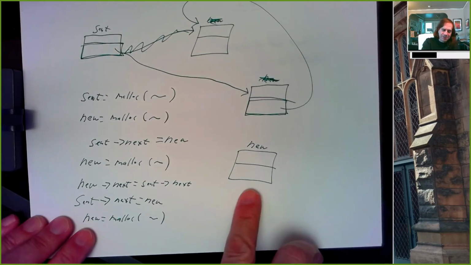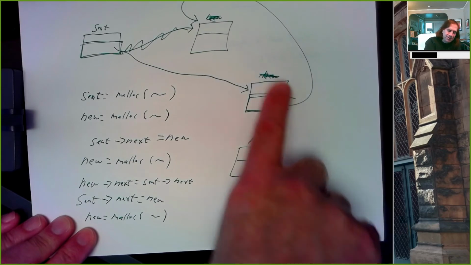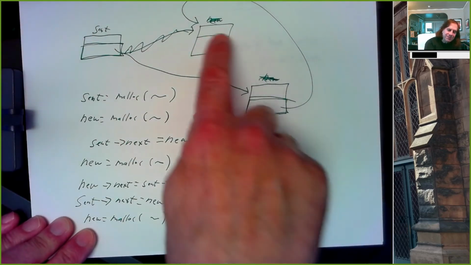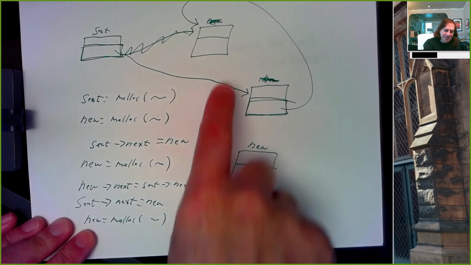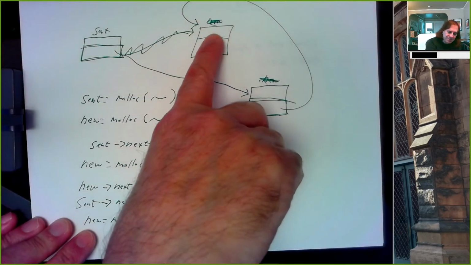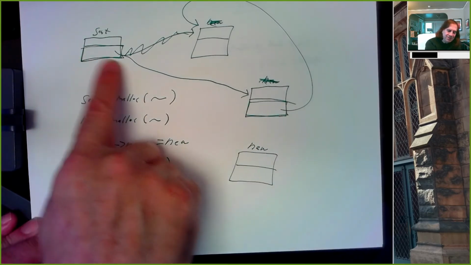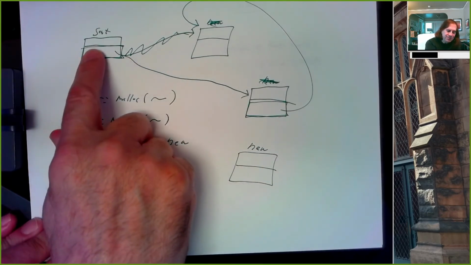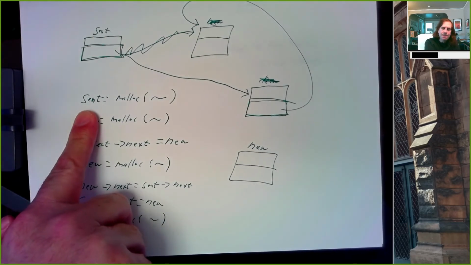One of them refers to the block we just allocated. These 2 don't have any variables referring to them, but we can get to them, right? We can get to this node because this node is pointing to it, and we can get to this node because the Sentinel is pointing to it, and we can get to the Sentinel because we have a variable with its address in.